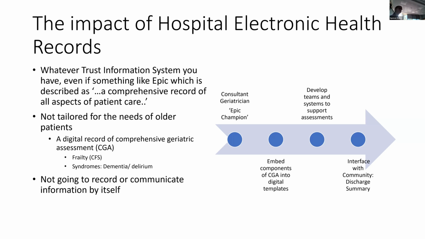So you have to develop systems and processes to support those assessments being made and then entered into the EHR. And then you have to develop the systems and processes to assimilate that information to facilitate important communications about that information. So, for example, in our case, it's very much about interfacing with the community and getting those discharge summaries right, so that information is passed back to the GP. Once you've done all that, obviously you've got a really ideal opportunity to show that you've improved the quality of care through better standardised documentation and improved communication.